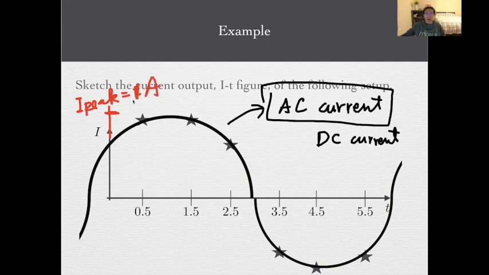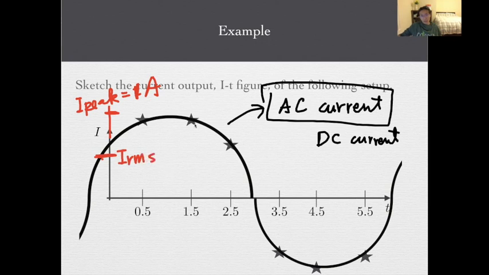Another way to talk about this current is its average. But it's not a very simple average, where you add them all up, because the positive and negative will cancel out. So instead we use another average we call root mean square.